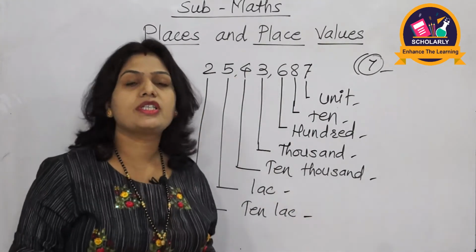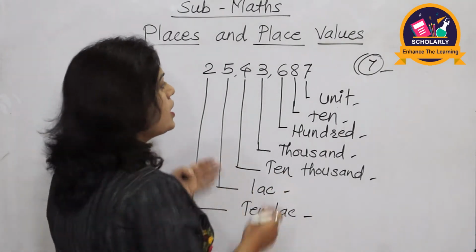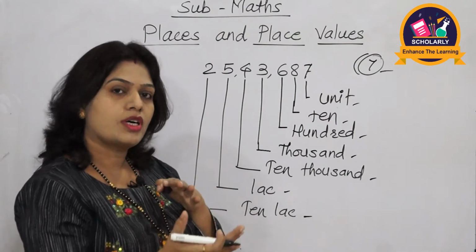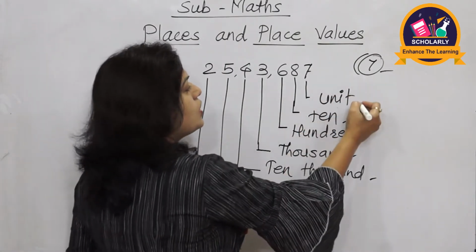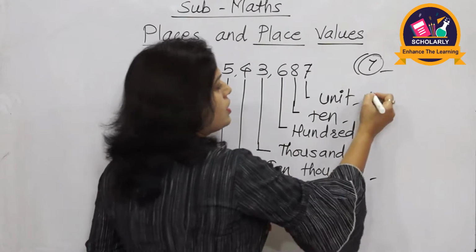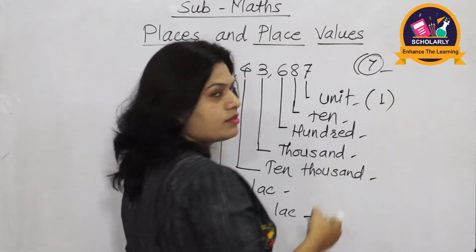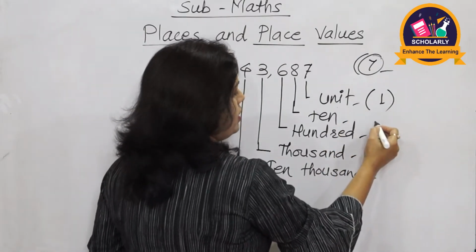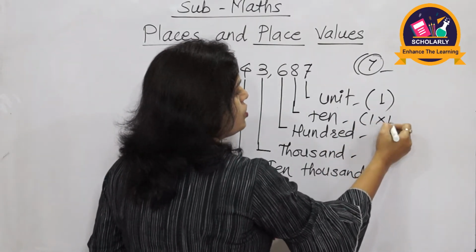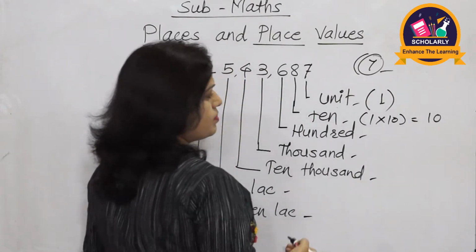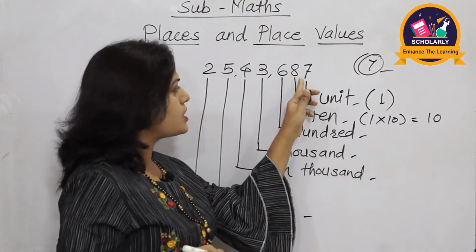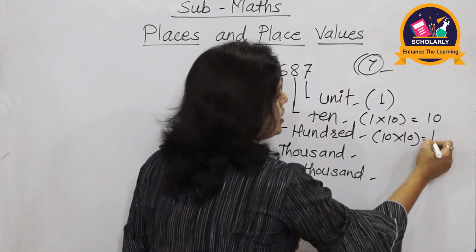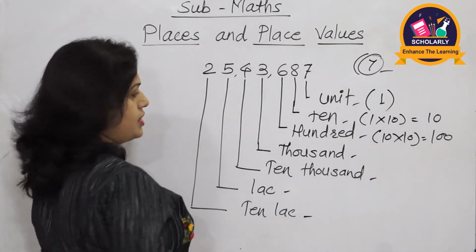If you observe these places carefully, then each place to the left is 10 times the place before it. For example, unit place is the last place. Unit means 1. If we multiply this 1 by 10, we get 10 place. If we multiply this 10 by 10, then we will get 100 place.